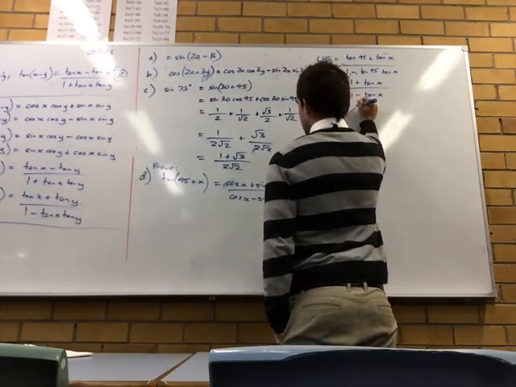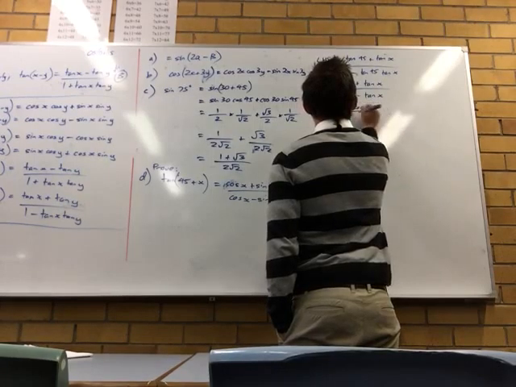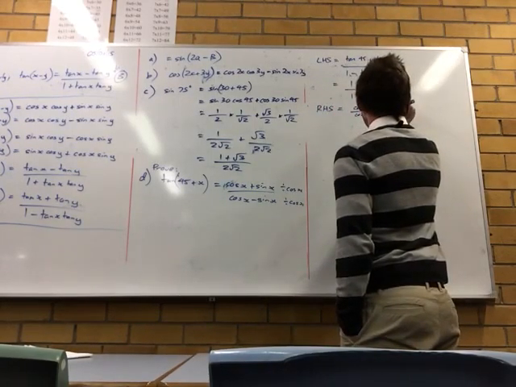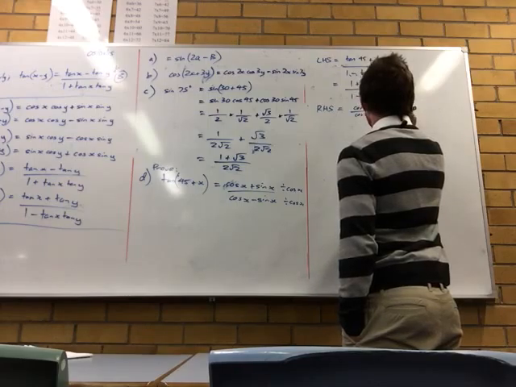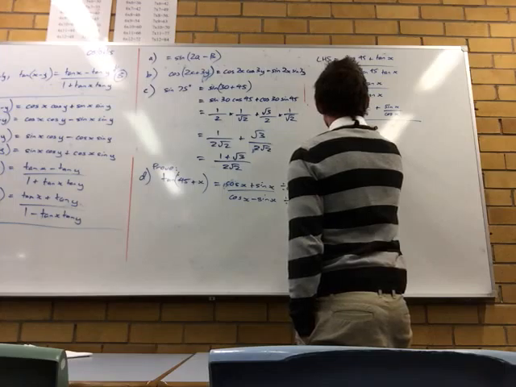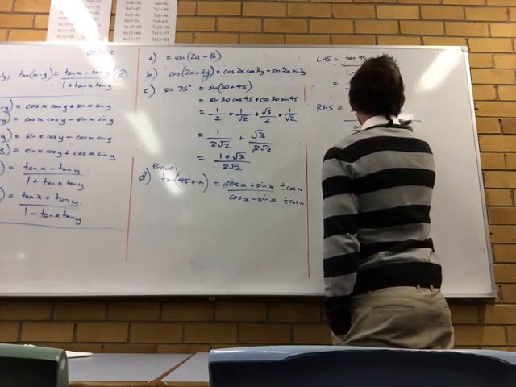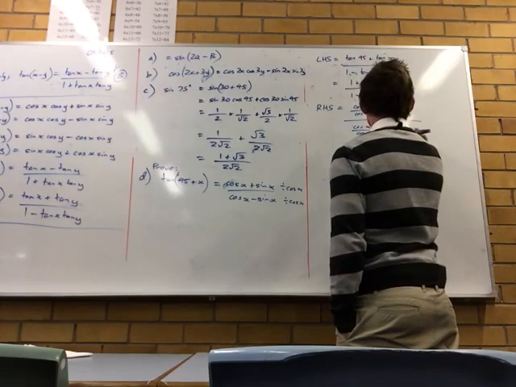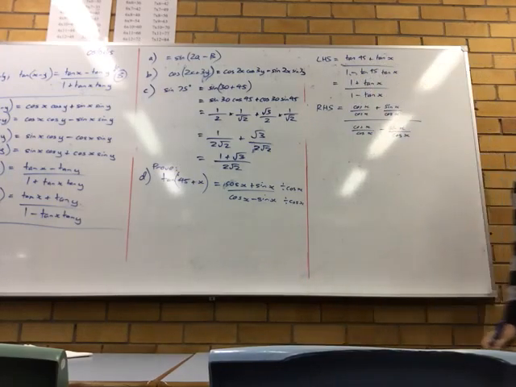So, cos of x over cos of x plus sine of x over cos of x, all over cos of x over cos of x take away sine of x over cos of x. Dividing everything by cos of x.